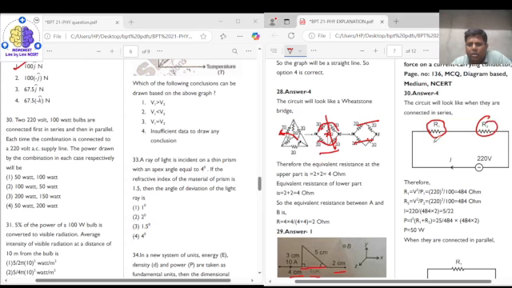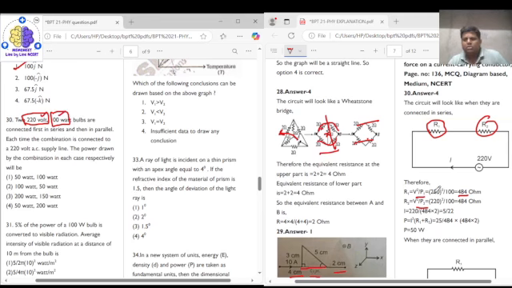So R1 will be equal to V square upon P1, and that is 484 ohms, and R2 is equal to this. This is from their power rating. This is V and this is P, right? So using this P and V, we are calculating the resistance of both the bulbs, that is R1 and R2.